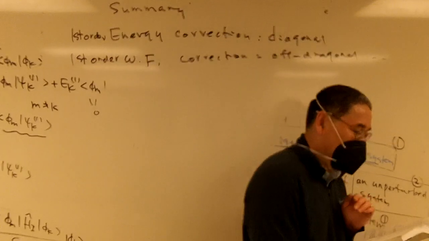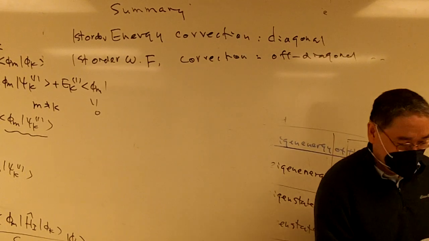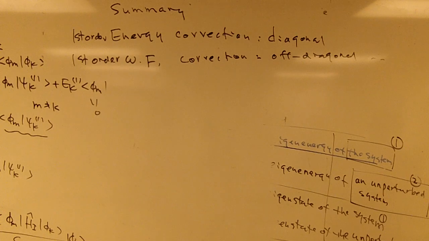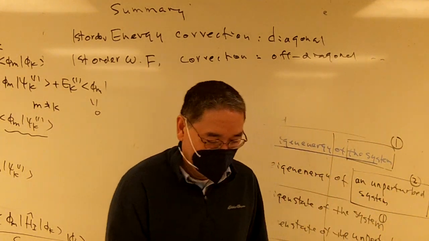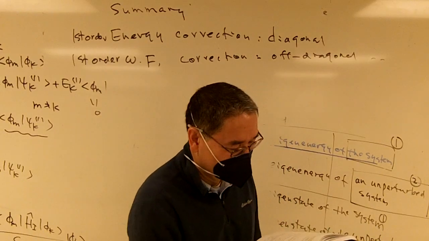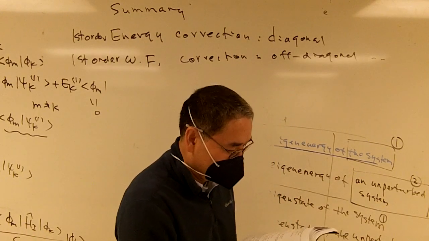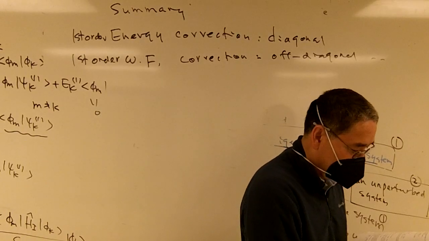We can start with equation 5.1.15: H naught hat phi sub k plus H sub I hat phi sub k equals epsilon k phi sub k plus epsilon k phi sub k, for 0 to 1, 1 0, equals epsilon k phi sub k second order plus epsilon k first order phi sub k first order plus epsilon k second order phi sub k, which shows the second order.